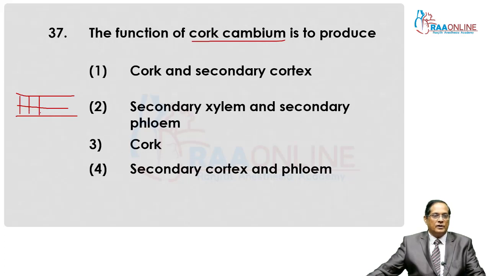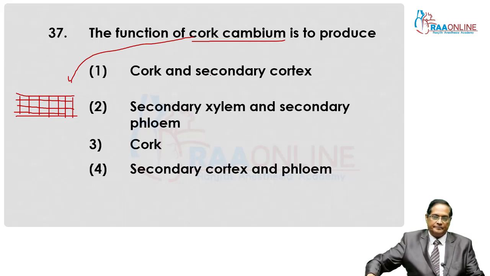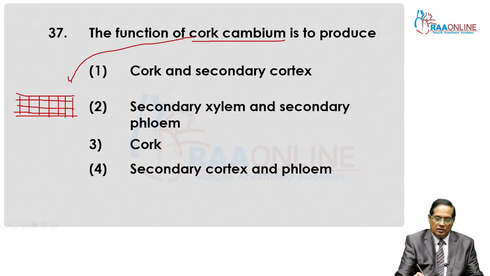It is formed from the parenchyma as a result of dedifferentiation, that is, cells of this region regain the power of division and they form cork cambium, also called phellogen.